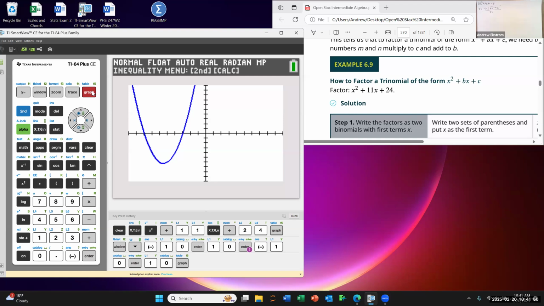We want it where it's less than 0, -3 to -8. If we want it to be less than or equal to, when we put those numbers in there, we have to use square brackets. If it's just less than or greater than, then we can use the round brackets.